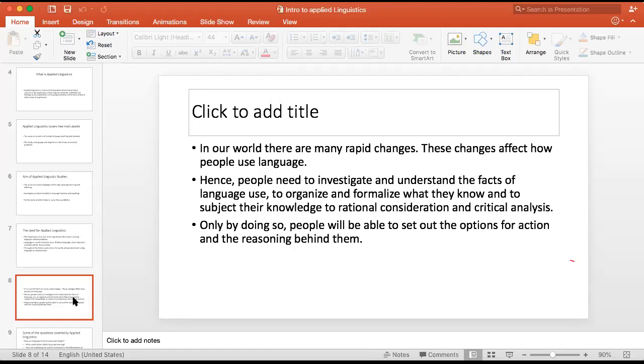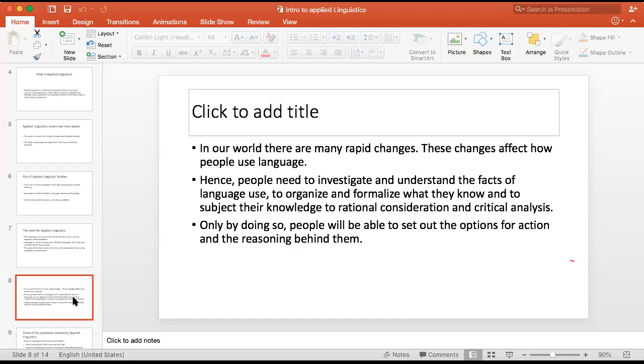So the world is becoming a global village, therefore there are rapid changes taking place, and these changes are of course affecting people and their languages too. So there is a need to investigate and understand the facts, or the problems, related to the use of language.